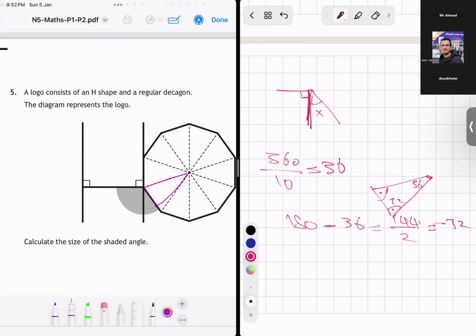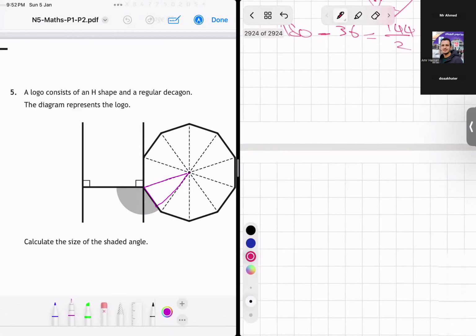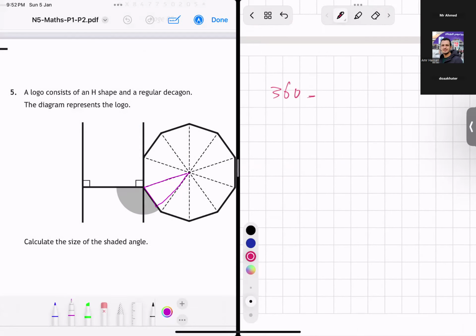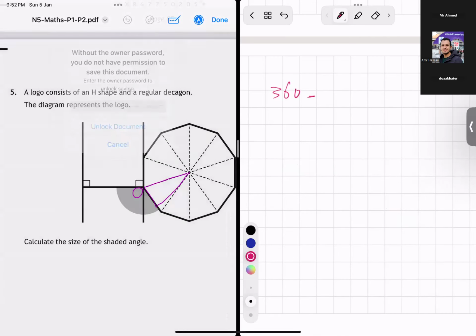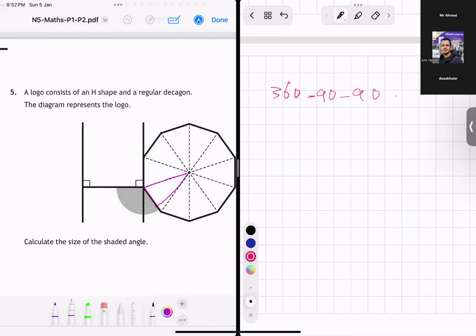So for this one, you have to apply 360 minus 90, and we have another 90. So it's going to be 360 minus 90 minus 90, minus 72, minus 72, and this one is X. Or I can use another way.